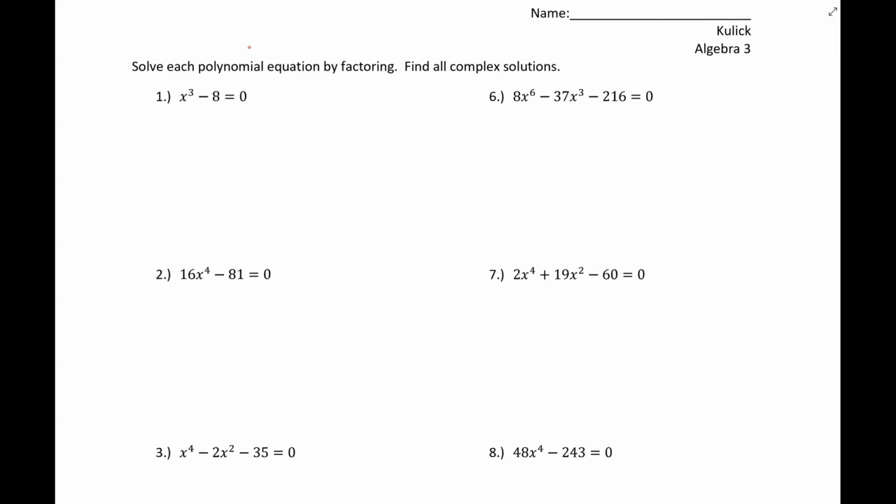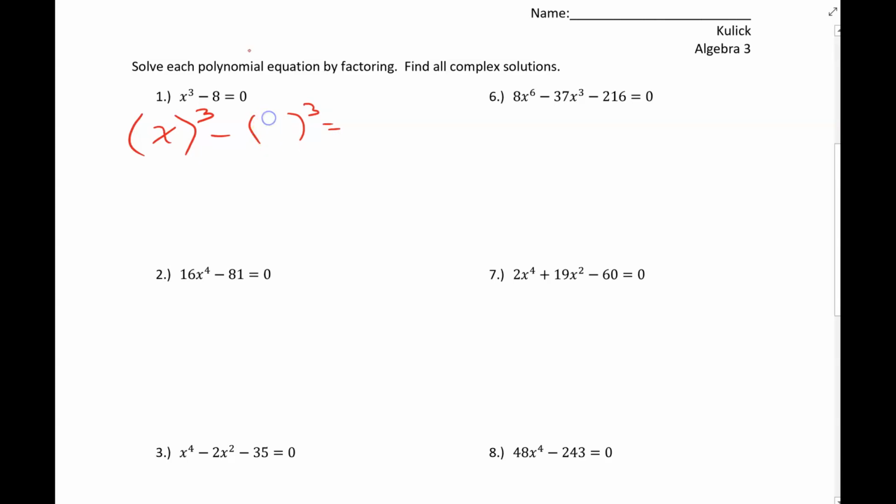So then we'll look, is it a sum or difference of 2 cubes? Yes. So how can I rewrite x cubed as something to the third? It's just x to the third, right? How do I rewrite 8 as something to the third? 2.